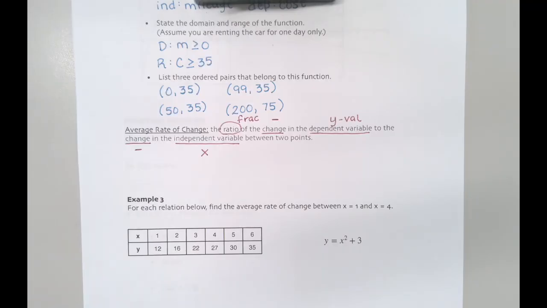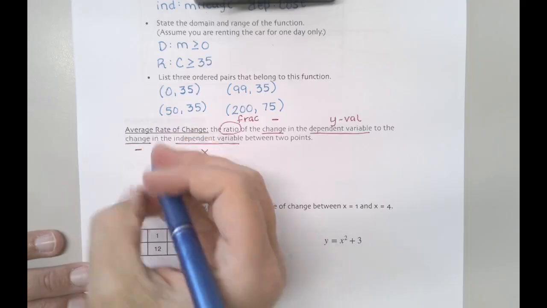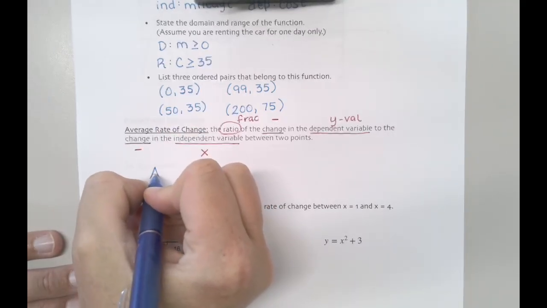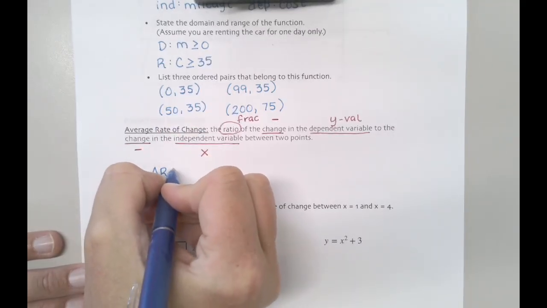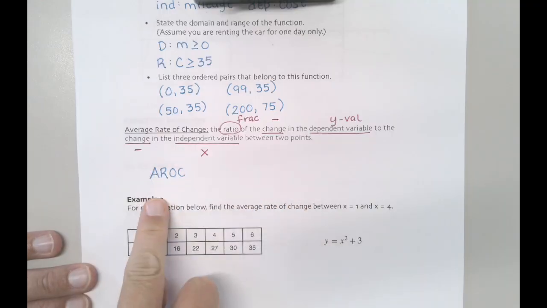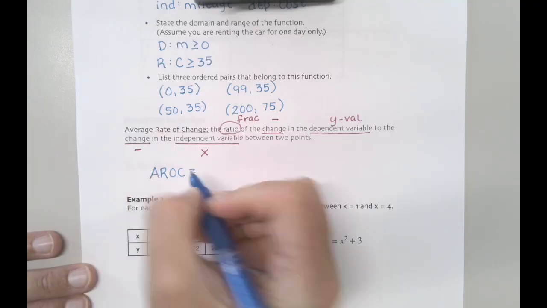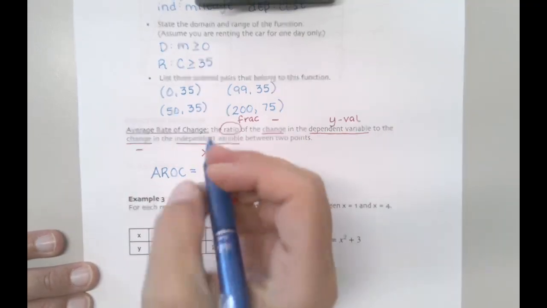Now that we've broken that down, let's look at what average rate of change looks like. By the way, I use this abbreviation a lot, AROC. Average rate of change is the difference in the y values.